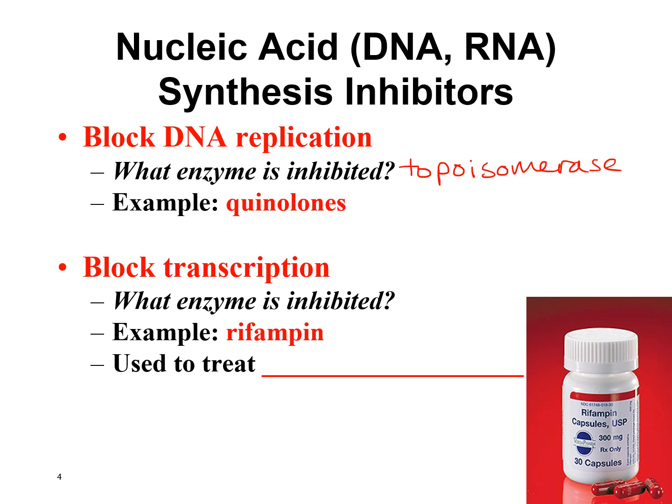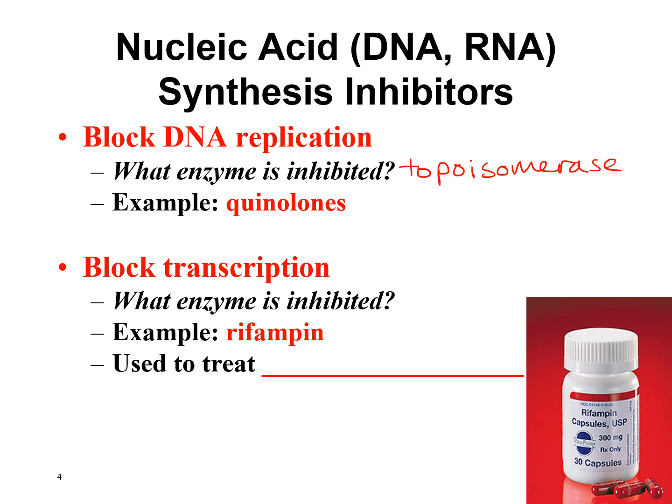The other nucleic acid synthesis inhibitor is the antibiotic called rifampin, and it's going to block transcription. Remember, in transcription, you're making messenger RNA. So they're not able to make the messenger RNA, and if you can't make messenger RNA, then you can't make the protein.